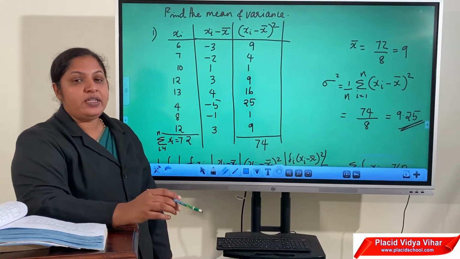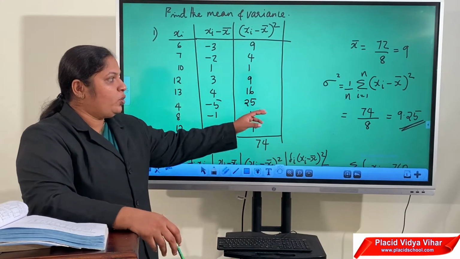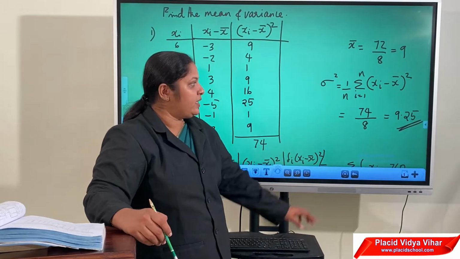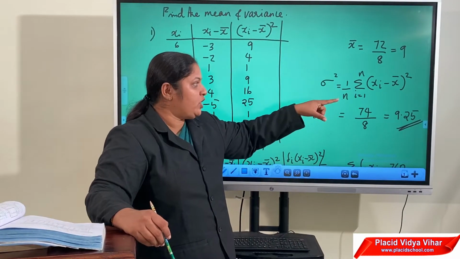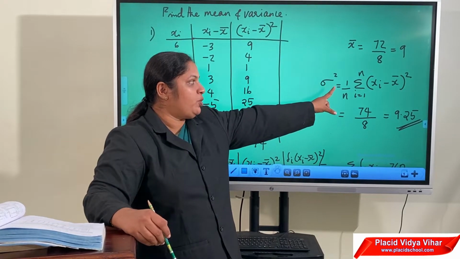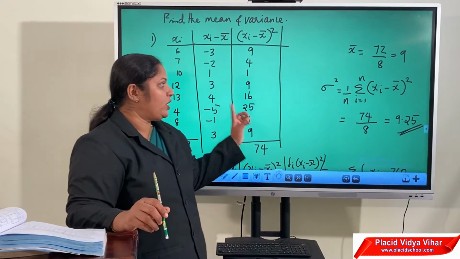That is a discrete ungrouped data set, and we know how to find the variance of the discrete ungrouped data set, that is 1 by n into, where n represents the number of observations, sum of i from 1 to n, xi minus x bar the whole square will give you the variance of this particular data set.